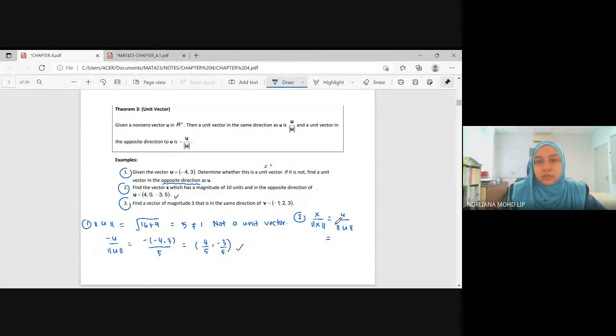Just substitute, given that magnitude of x is equal to 10, and vector u, it is in the opposite direction, so negative sign. So negative 4, 0, 3, negative 5 over the magnitude of u. You have to find the magnitude of u here.